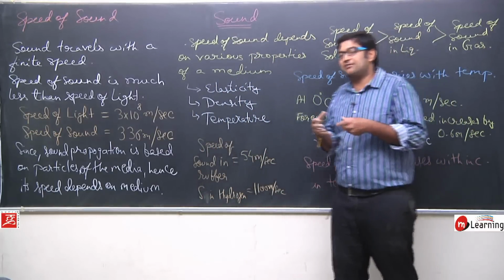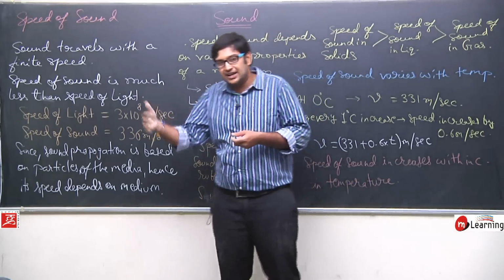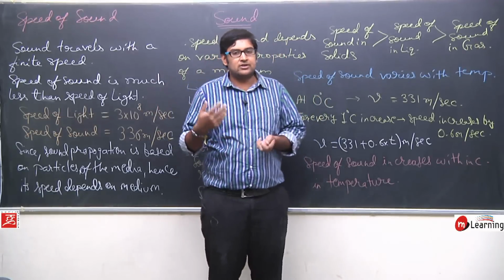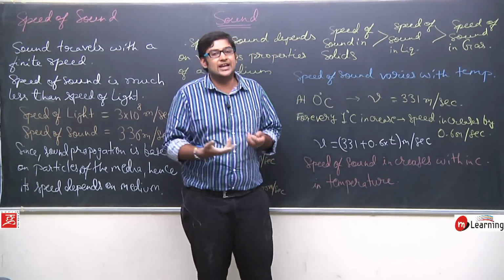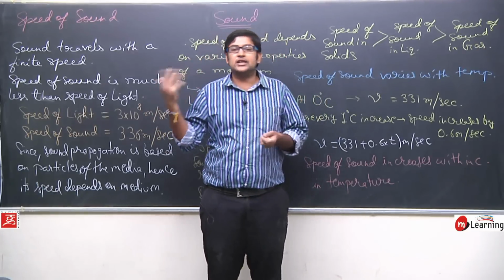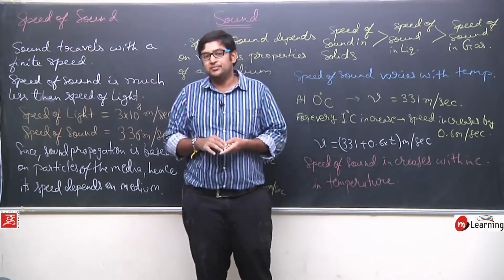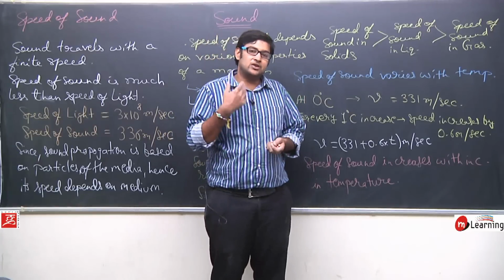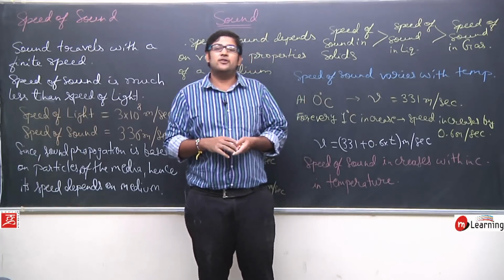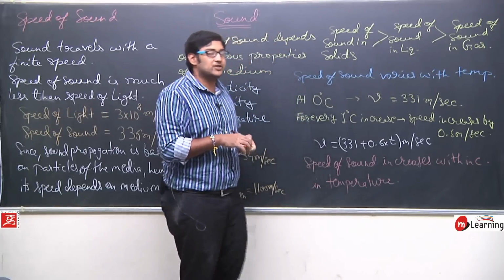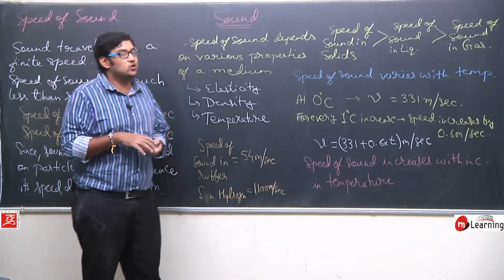Because the sound travels at a faster rate in the railway track compared to the air. So whatever sound the engine is creating, you cannot hear in the air, but you can very easily hear it on the track. That is the simple reason: the speed of sound is more in iron compared to air.